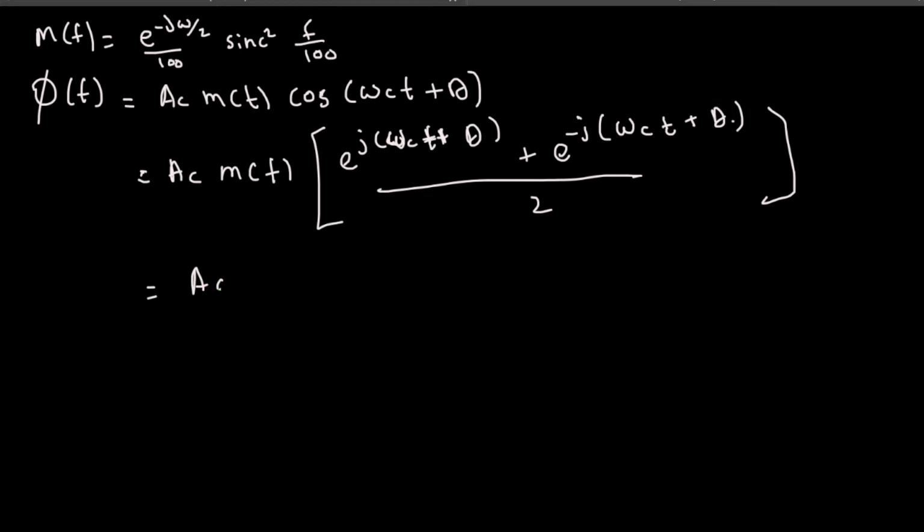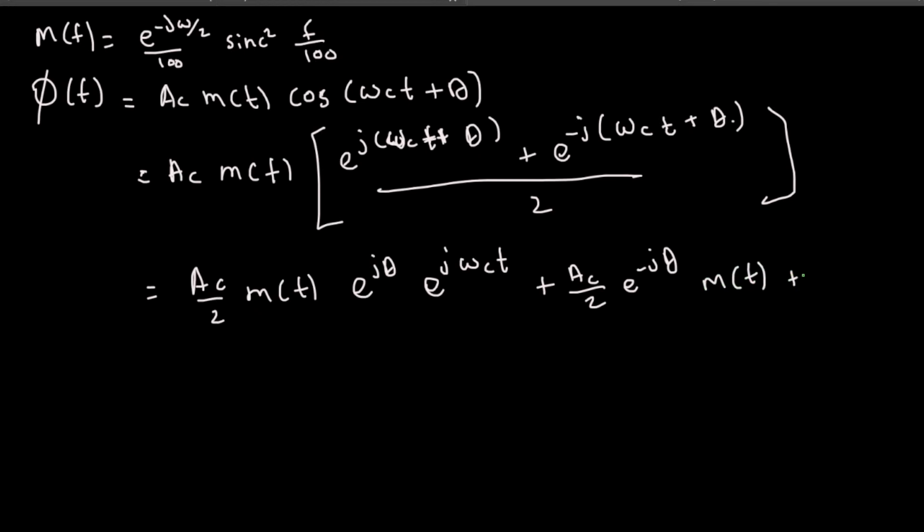So this becomes A_C by 2, then m of t, then e power j theta, if we expand this power, then e power j omega_c t, plus A_C over 2, e power minus j theta m of t, times e power minus j omega_c t. And we also have to know the frequency shifting property.